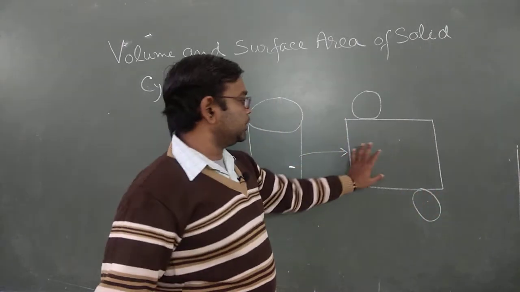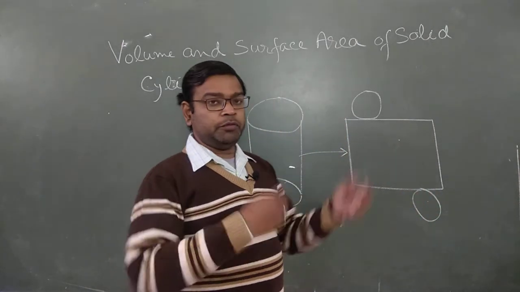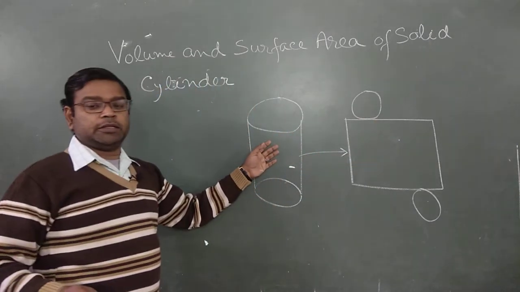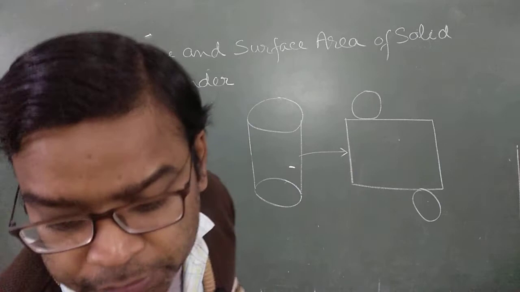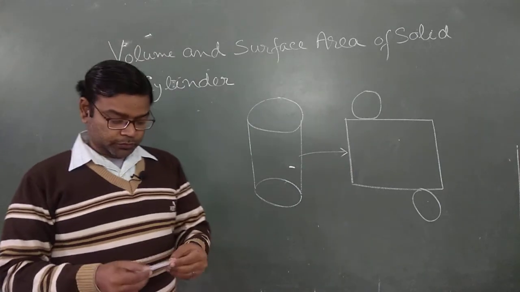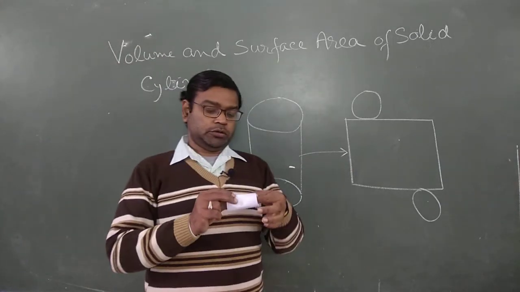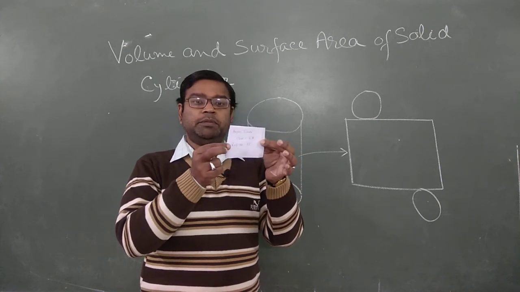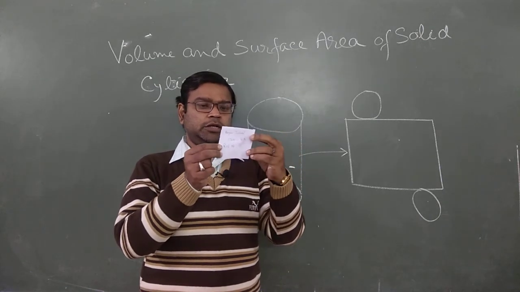When we roll this rectangular part, it looks like this type of structure. For example, suppose this is a piece of paper, it is in rectangular form.